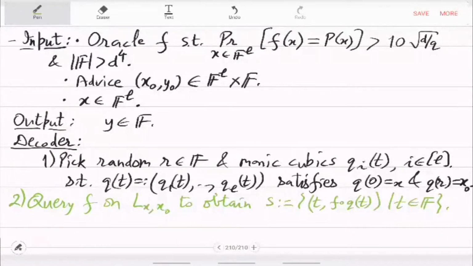But then you can list decode using the Reed-Solomon list decoder, and with the input guarantee you will be able to get a list of all the p's, out of which one will be identified because of this advice.